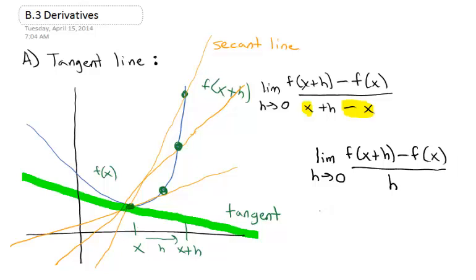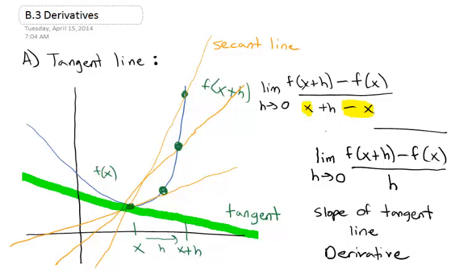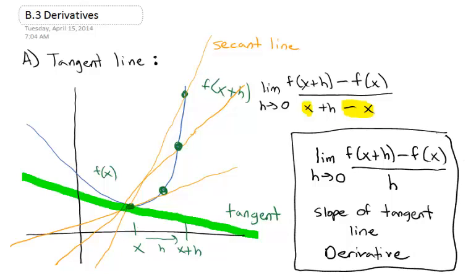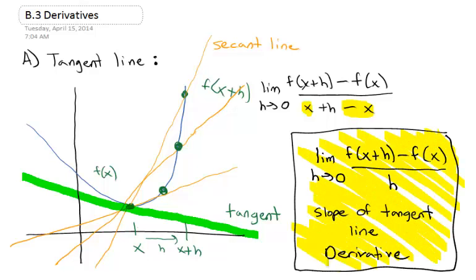This formula is the slope of the tangent line. It is also called the derivative. This formula is going to be the big, important formula that we need to know for today, and really for a lot of the calculus that we're going to see coming up. The slope of the tangent line.